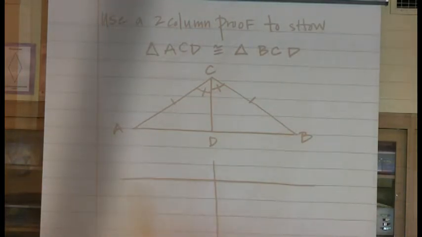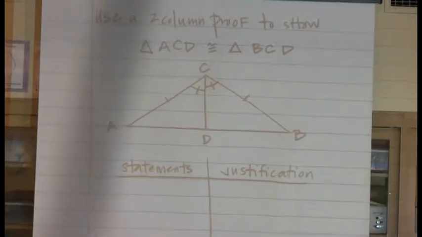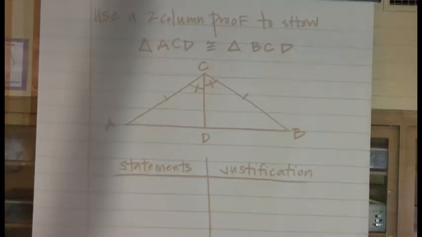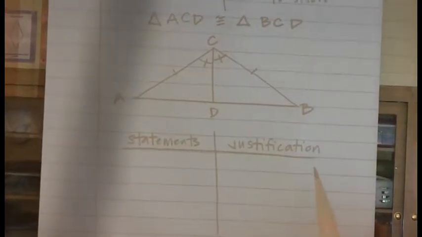Anybody remember what goes on the left? Statements. On the right, justification. Even if on the test, state test, work sample, or otherwise, you don't remember statements and justification, still set up your proof this way.